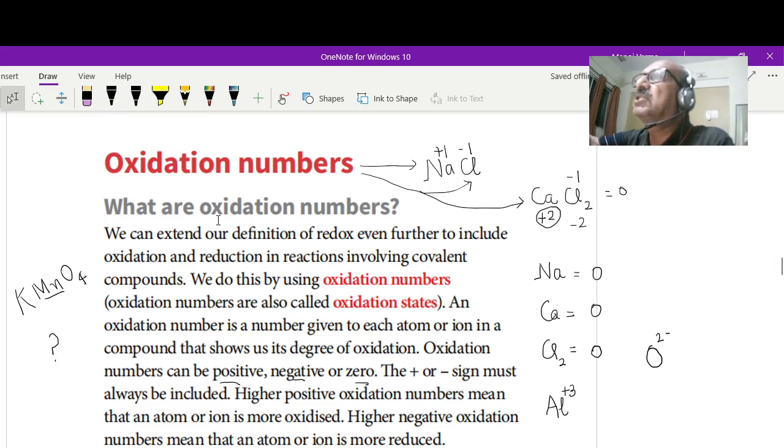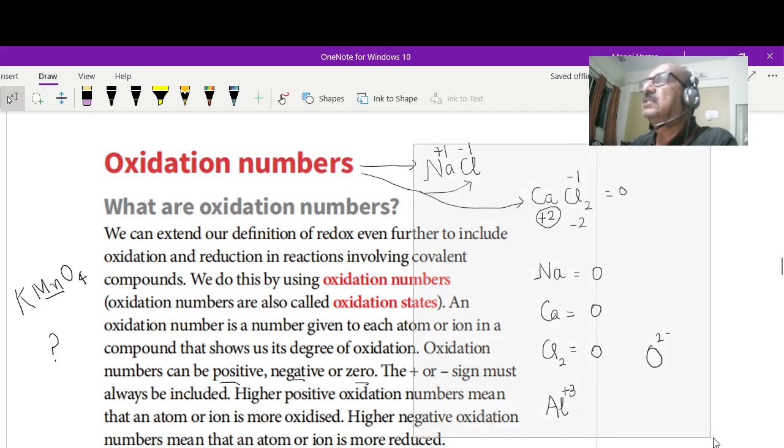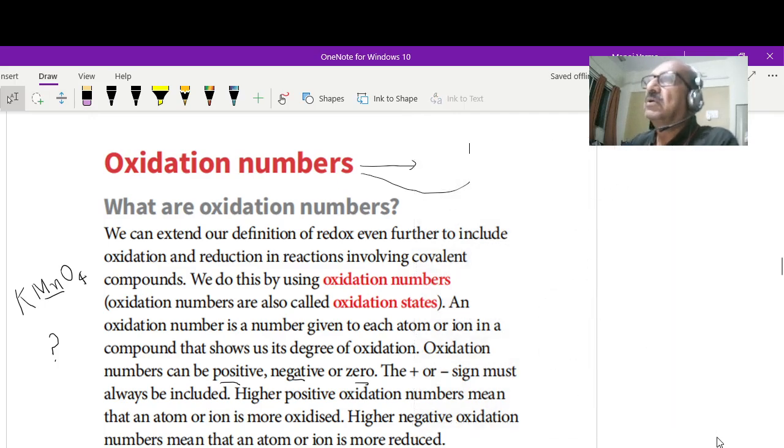With the application of those rules, you will be able to find the oxidation number for the different elements that I'm going to discuss. In my next slide, I'm going to discuss the various rules for assigning the oxidation number. So just wait, I'm going to the next slide and you will understand how we give the rules.